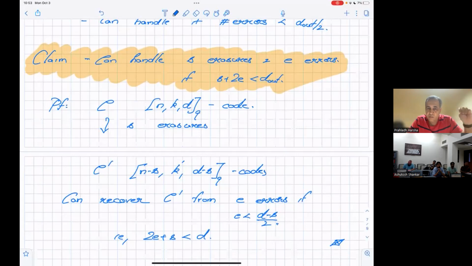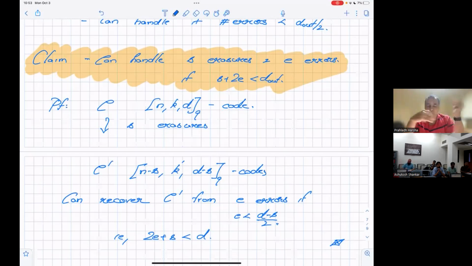Is this okay? Are people with me or have I lost folks? So the usual decoding, for any code, you can decode up to the unique decoding radius, which is the distance by 2. But now I'm allowing two types of corruptions. One is erasures, one is errors.